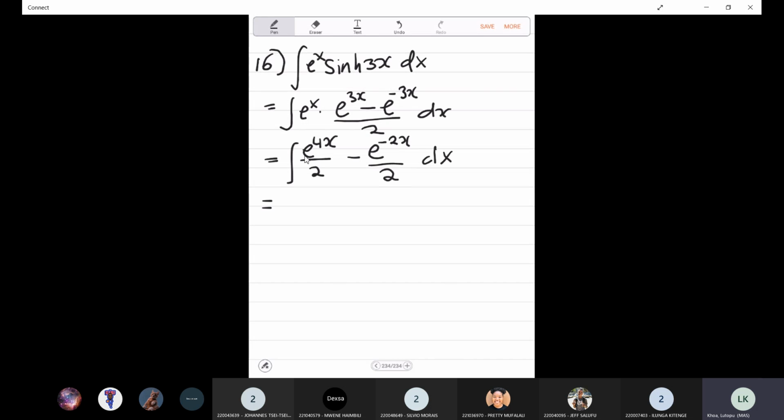Okay, and we know how to integrate e to the power of a function. E to the power of 4x divided by 2. First we will have e to the power of 4x, then we divide by 4, and that 4 will multiply by this 2, so we'll get 8 in the denominator.